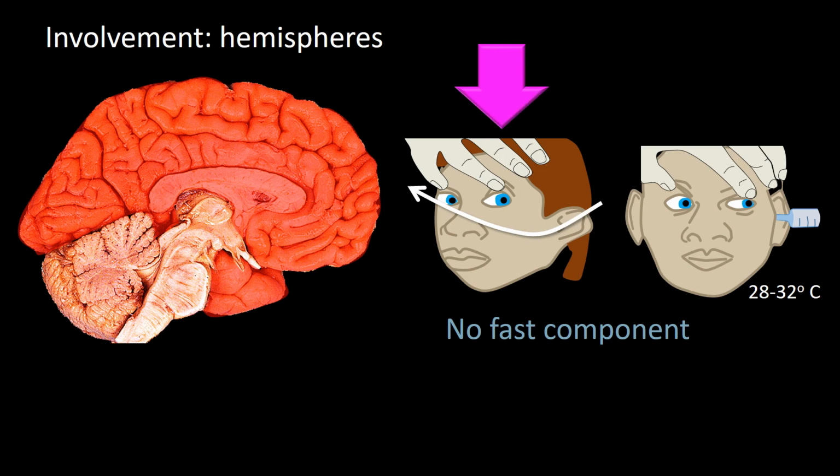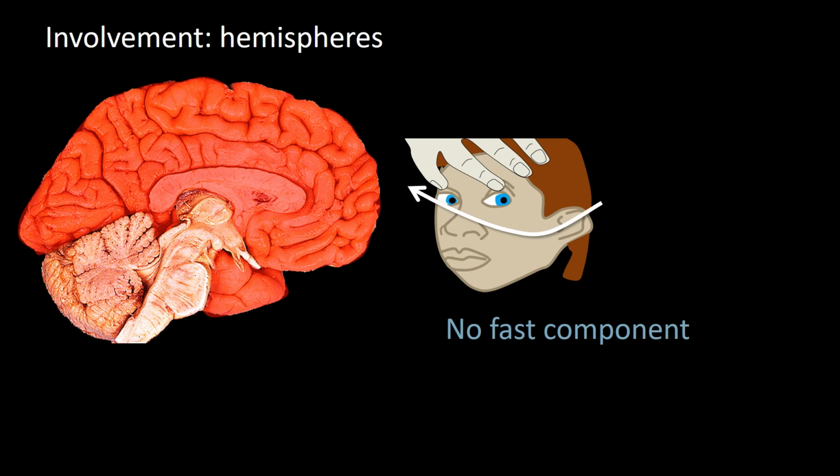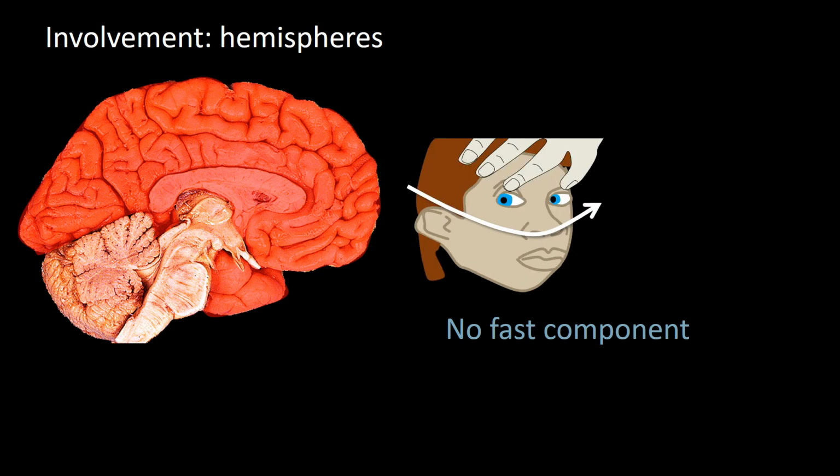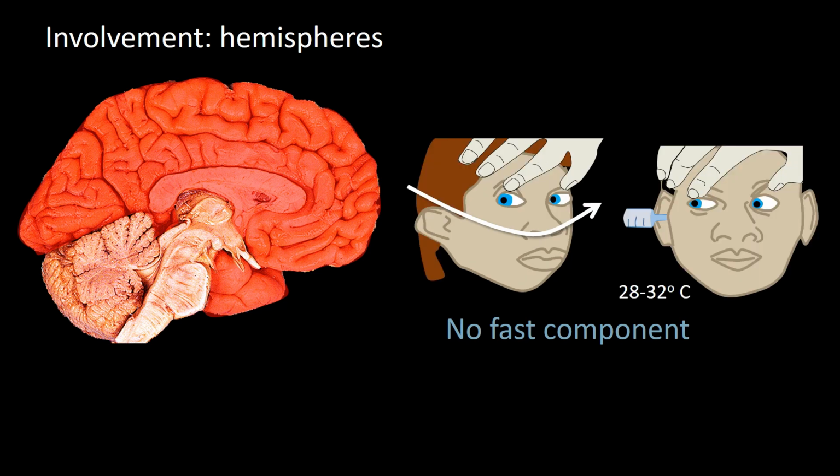The slow component is present, driving both eyes against the direction of the head turning and towards the eye being irrigated with cold water. Head movement in the opposite direction, as depicted in this frame, and cold caloric in the opposite ear have similar results.